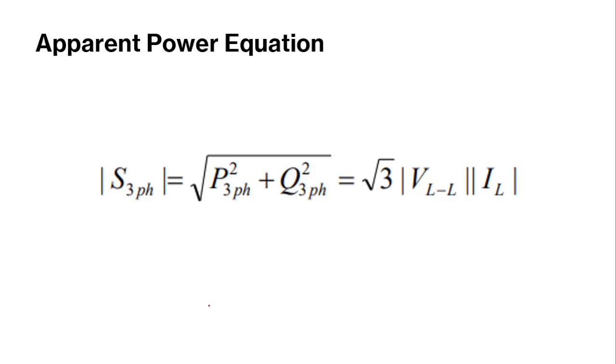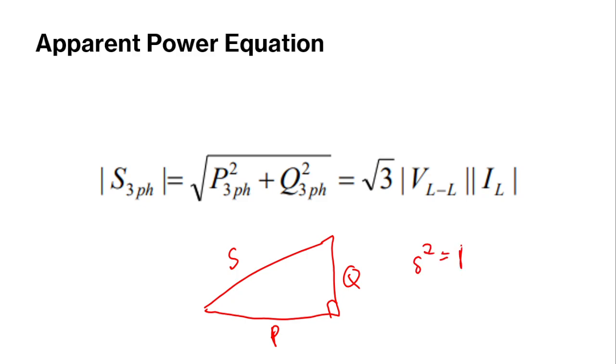So remember the triangle itself, you have S, P, and Q. From Pythagoras theorem, S squared equals P squared plus Q squared, and you just make S the subject of the formula. That is how this is, and this is just the same equation but without the angle.